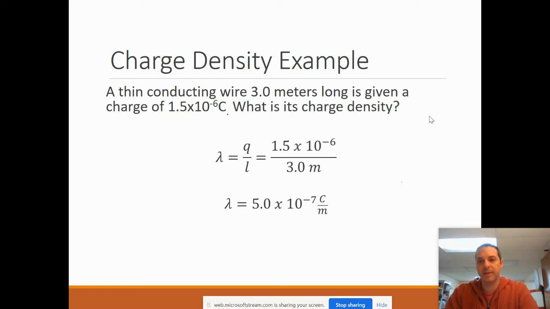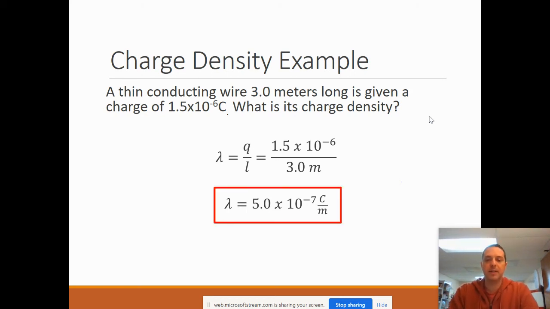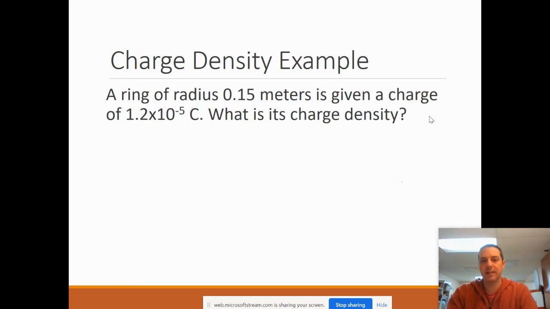So if you do 1.5 times 10 to the negative 6 divided by 3, you end up with 5.0 times 10 to the negative 7 coulombs per meter. So every meter of length for this wire will give you 5 times 10 to the negative 7 coulombs of charge. If you multiply the length of any wire by your charge density, you're going to figure out how much charge is enclosed there.